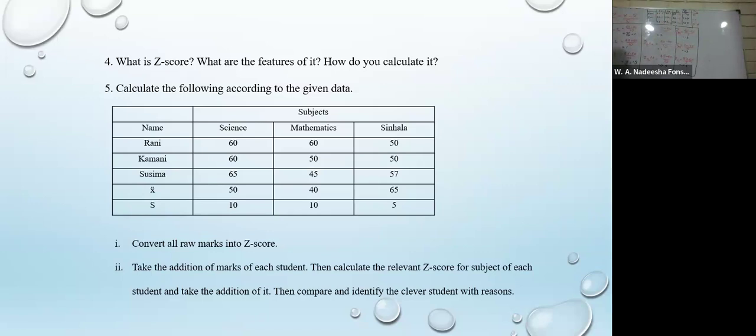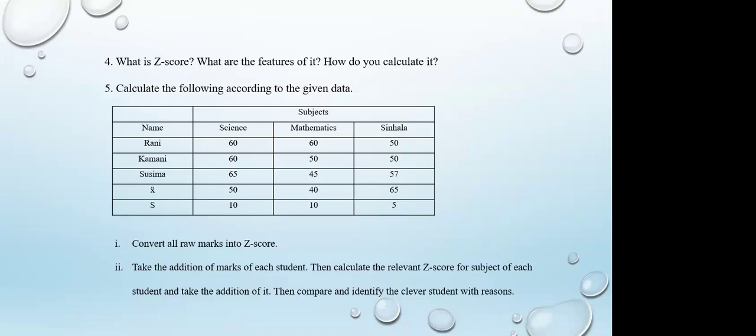The fair method is finding the Z score because there we consider the subject values. Not weightage, but we compare the students according to the subject performances. That's what I wanted to say. Is it clear? Yes, ma'am. Thank you.